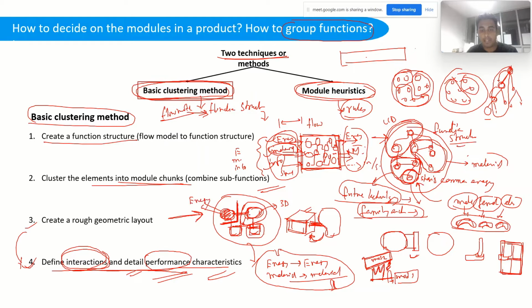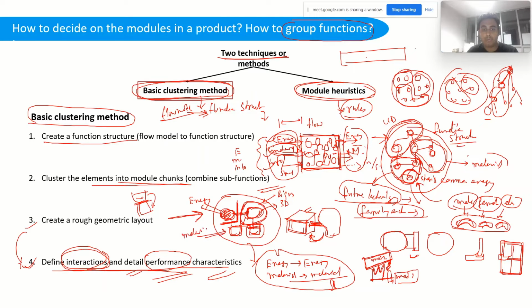Similarly, if you have some components dealing with liquid, for example in a mixie grinder you have liquid, and there's an electrical section below. These two modules should be connected in such a way that the material does not spill over.